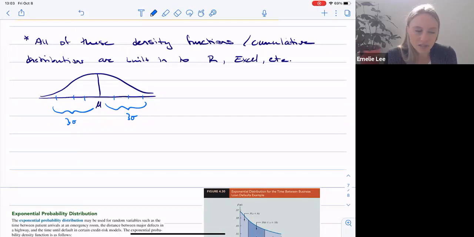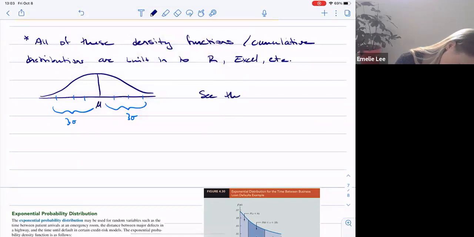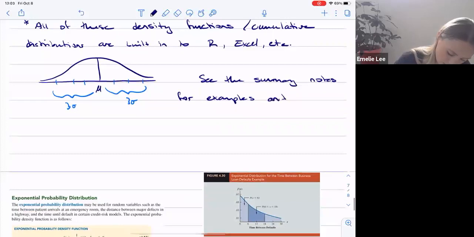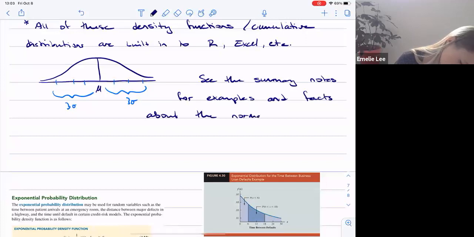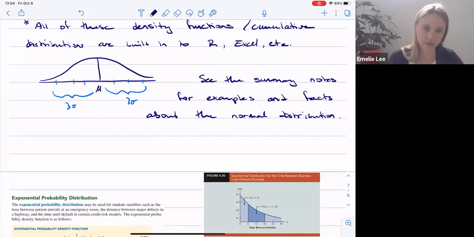So you can see the summary notes for examples and facts about the normal distribution, which of course I just stole from the textbook.